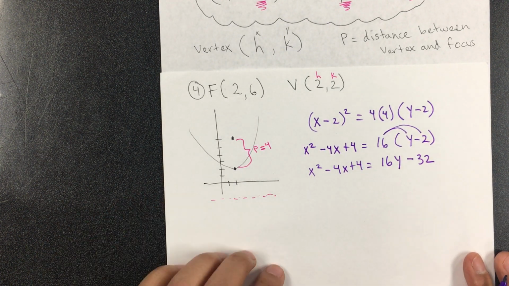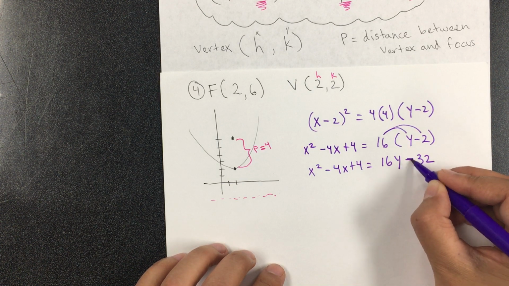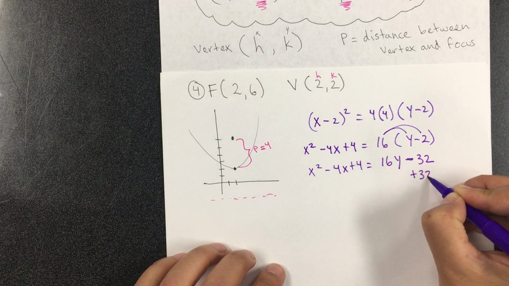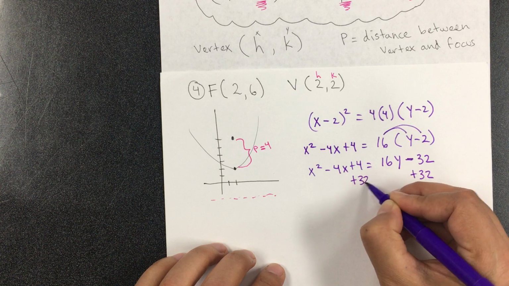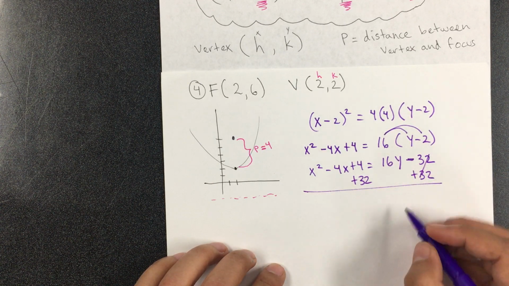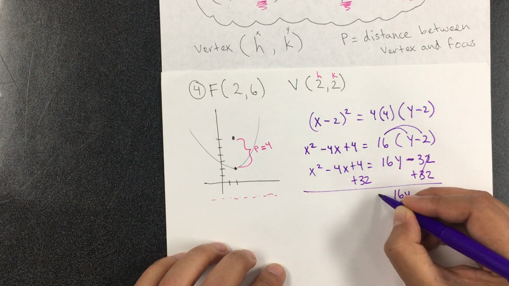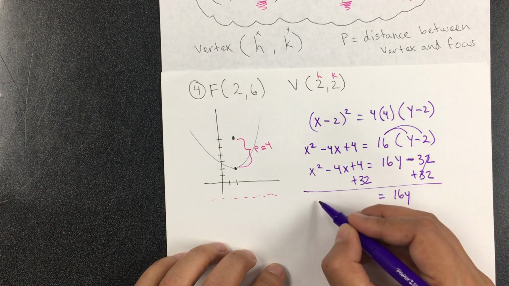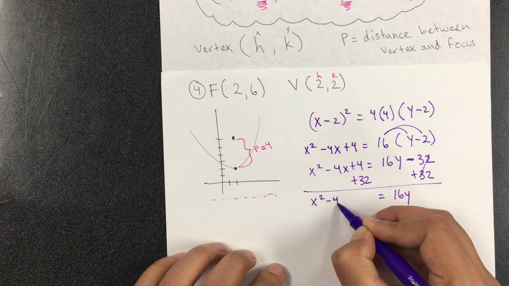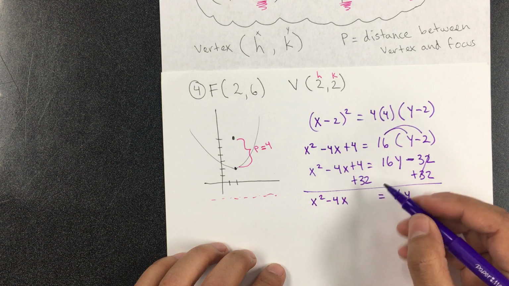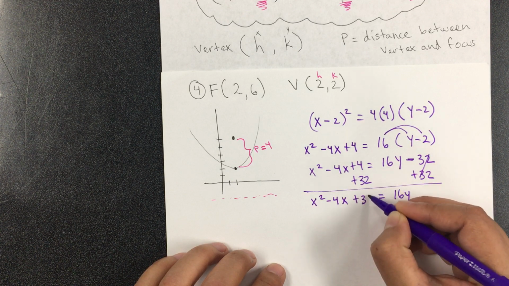Then we need to leave y by itself. If we're subtracting 32, the opposite is to add 32 to both sides, so 16y equals x squared minus 4x, and adding that together gives 36.